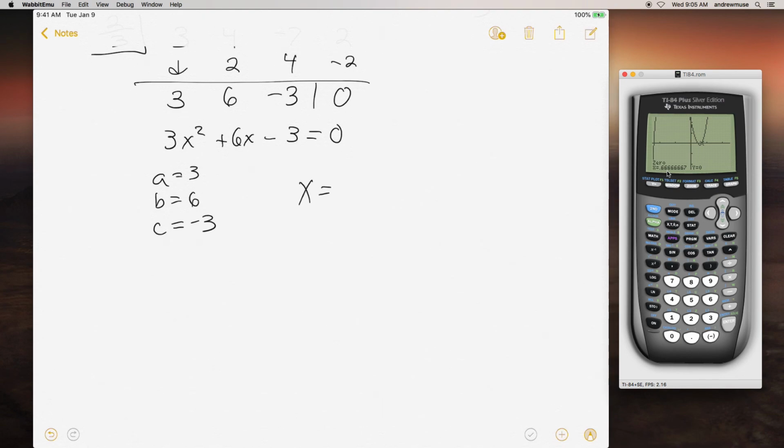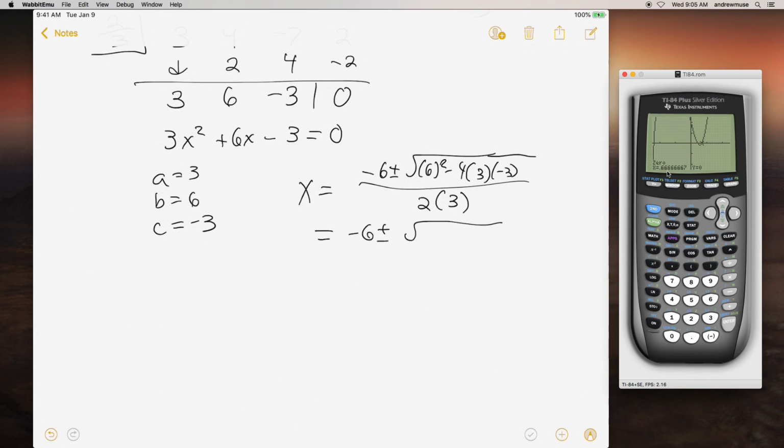So I have -6 plus or minus the square root of 6 squared minus 4 times 3 times -3 all over 2 times 3.